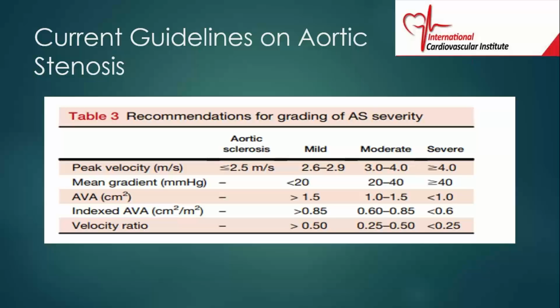In the next few lectures, we're going to look at those situations. One of the things that can give rise to that discordant situation is low flow and hence low gradient AS. So the next few lectures will look at low flow, low gradient AS.